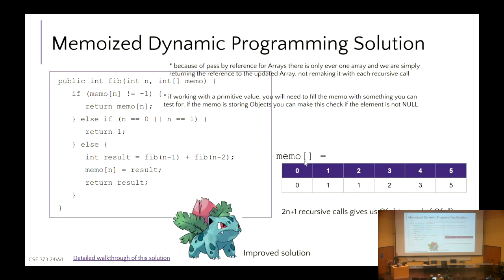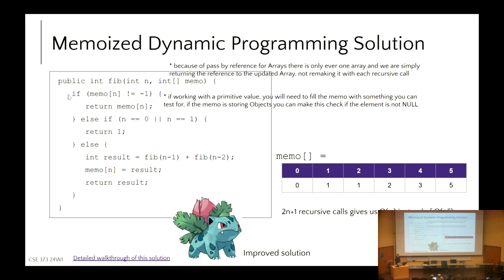The memo is an array where each of the indices represents the value of n, and the elements represent the result of calling Fibonacci of that number. So Fibonacci of 0 is 0, Fibonacci of 1 is 1, Fibonacci of 2 is 1, Fibonacci of 3 is this 1 plus this 1 equals 2, Fibonacci of 4 is this 1 plus this 2 equals 3, and so forth.